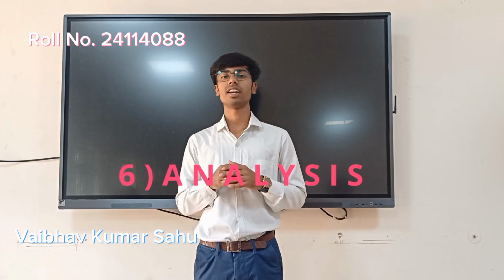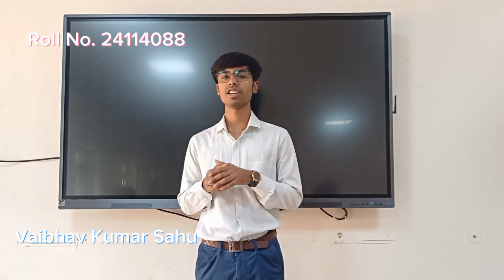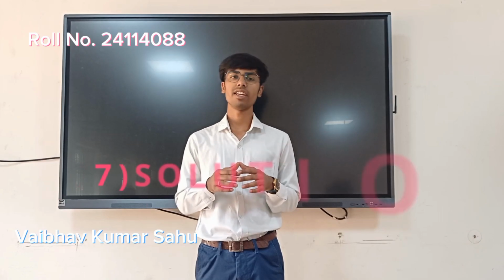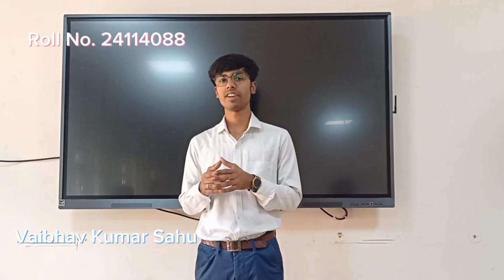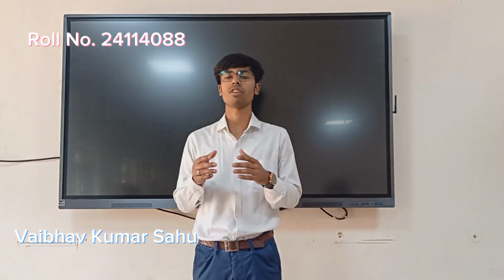Analysis. The diagram is used to identify potential causes and their relationship to the problem. It facilitates analysis and problem solving. Finally, solutions. Once causes are identified, develop solutions to address each cause that aim to resolve the overall problem.